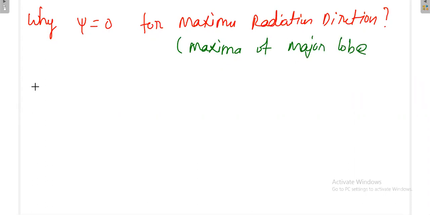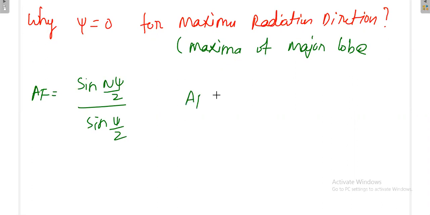Finally, your answer is going to be decided by the array factor. The array factor value is sin n psi by 2 over sin psi by 2. A few minutes before, we concluded that this array factor is maximum only when psi is equal to 0.